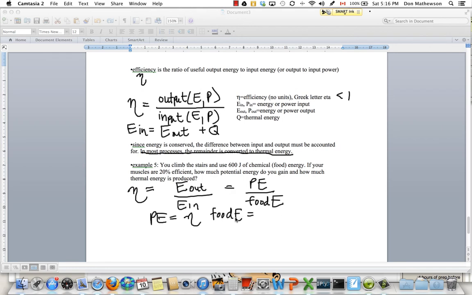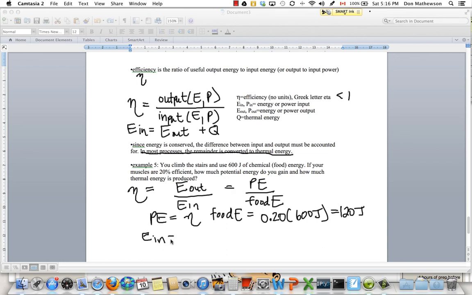So of the 600 joules of food energy that you burned, because your muscles are 20% or 0.20 efficient, only 20% ends up being converted to something useful, which is the height energy. So you're going to end up with 120 joules of height energy. What happens to the rest of that 600 joules of food energy? Well, the other 80% gets converted to thermal energy.